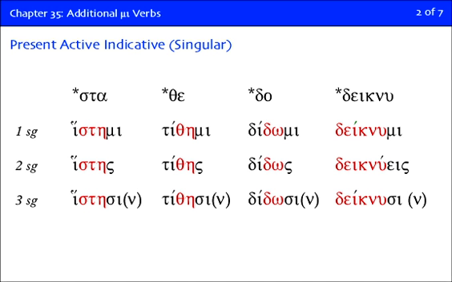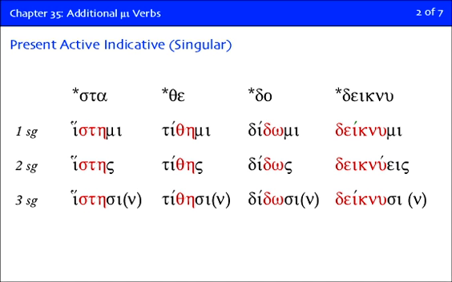Guess what? The rough breathing isn't there in the other tenses, or at least in some of the other tenses, because the rough breathing represents the reduplicated sigma. But again, that's just a peculiarity of the root sta. But alpha mi verbs, in and of themselves, are pretty straightforward. You have stami, stas, stasi, but with the reduplication and the rough breathing and all that, you get histami, histas, histasi.